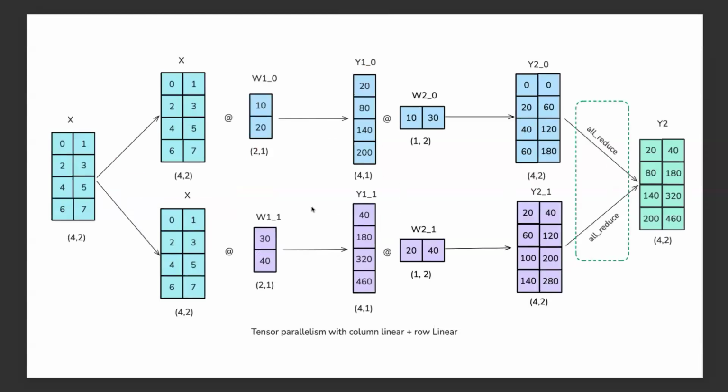That gets us to this blueprint where we broadcast our input onto all of the GPUs. We do column linear parallelism followed by row linear parallelism. The main benefit is that we don't need to materialize activations for this fat region where we should have gotten the 4H sized matrix.